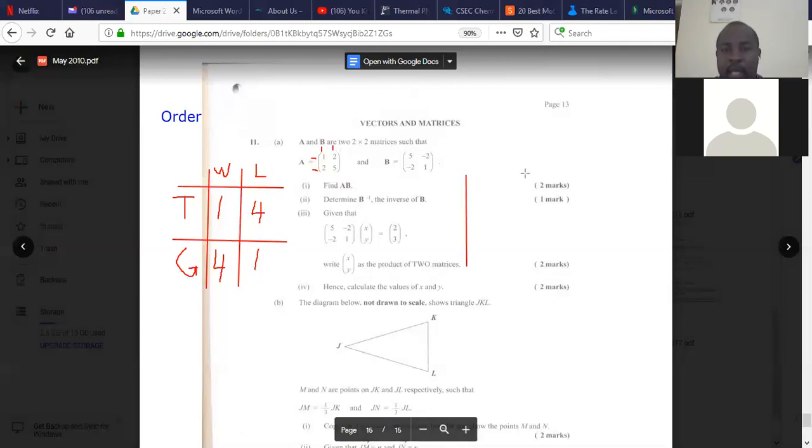Next array: points. If you win, you get points.